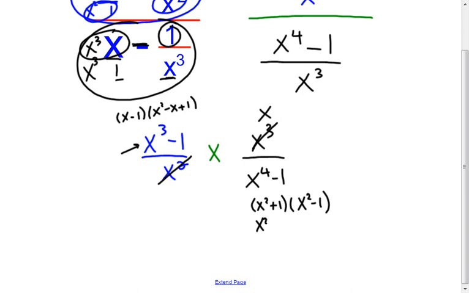The x squared plus 1 I can't do anything with, but the x squared minus 1 can become x plus 1 and x minus 1. And so I could actually cancel this out and have that and that be gone. And then on the top, I have this x times this.